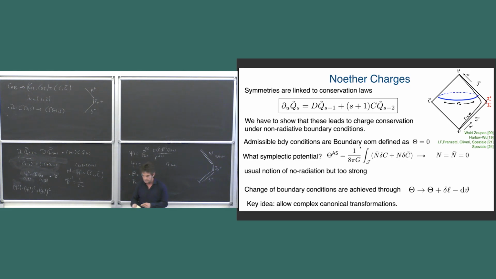So theta is equal to 0. That's what it means. So what symplectic potential do we work with? The one that people usually work with at infinity is the Ashtekar-Streubel symplectic potential, which is n bar delta C plus n delta C bar, integrated over Scri, right? For this symplectic potential, the boundary condition is that both n and n bar have to be 0. And this is too restrictive. This is the usual notion of no radiation, but it's too strong.